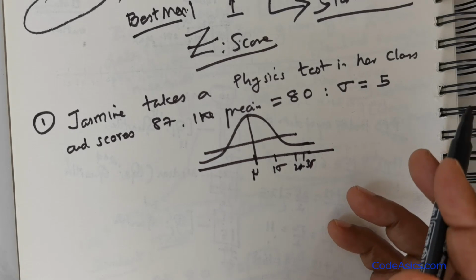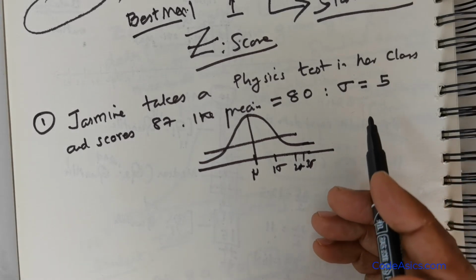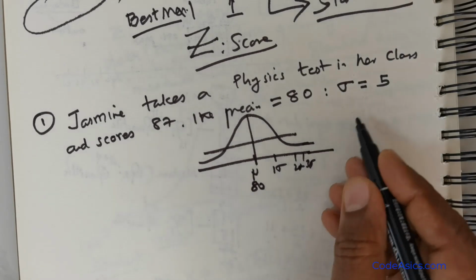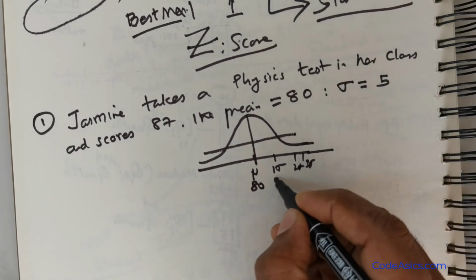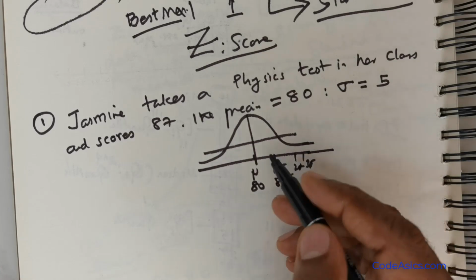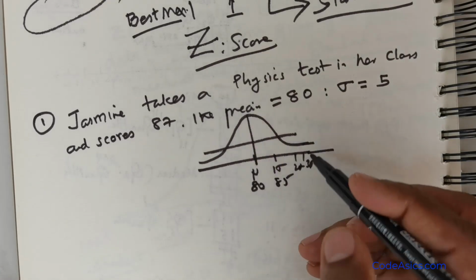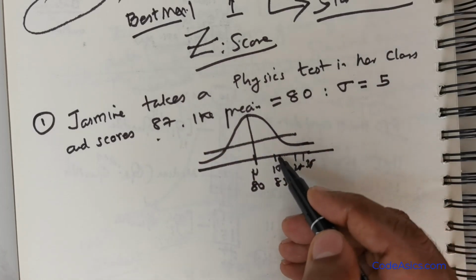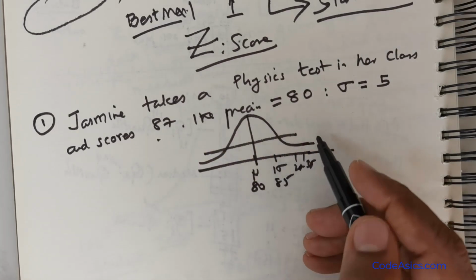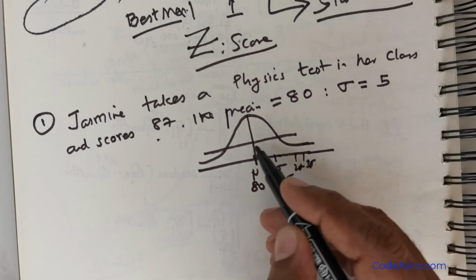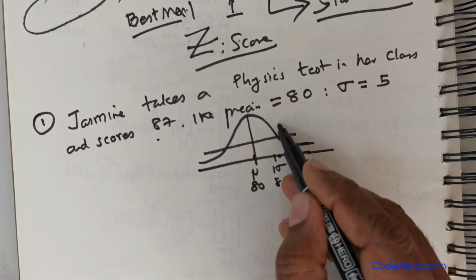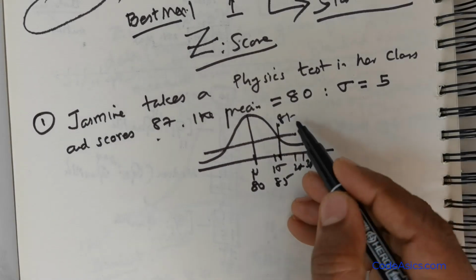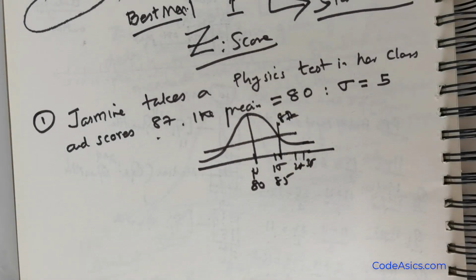That is not the point of focus here. The mu is 80 and the standard deviation is 5, that means 85. Majority of the scores are found here, and this person has got 87, that means above 1 sigma, right? That score 87 is located over here. But that is not our main focus.